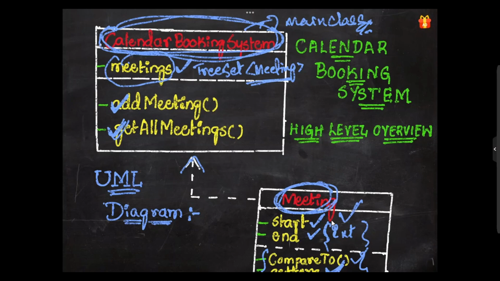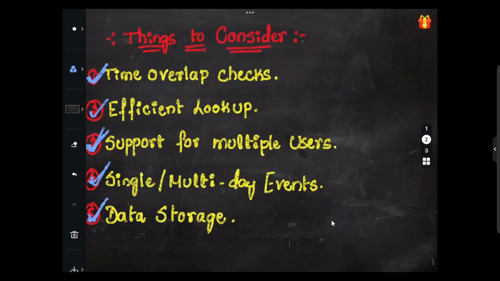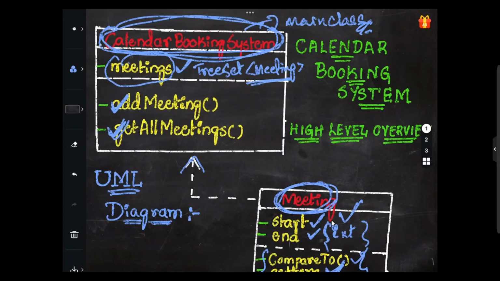So now what shall we do? We have discussed the things we need to consider and the UML diagram as well: the two core classes, the main class calendar booking system and meeting, the attributes, the methods within the core classes, and whether to consider getters and setters.